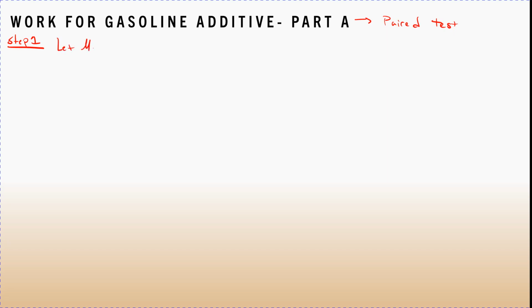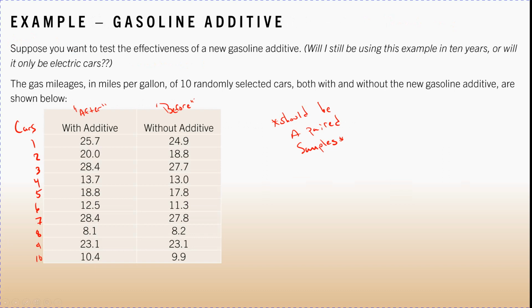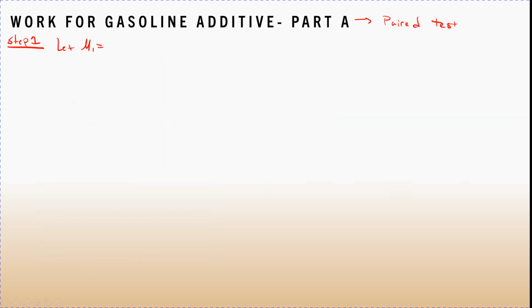We're going to let mu sub 1 be the mean miles per gallon with the additive, and mu sub 2 be the mean miles per gallon without the additive. Because it's paired, we're going to define the difference as mu1 minus mu2.